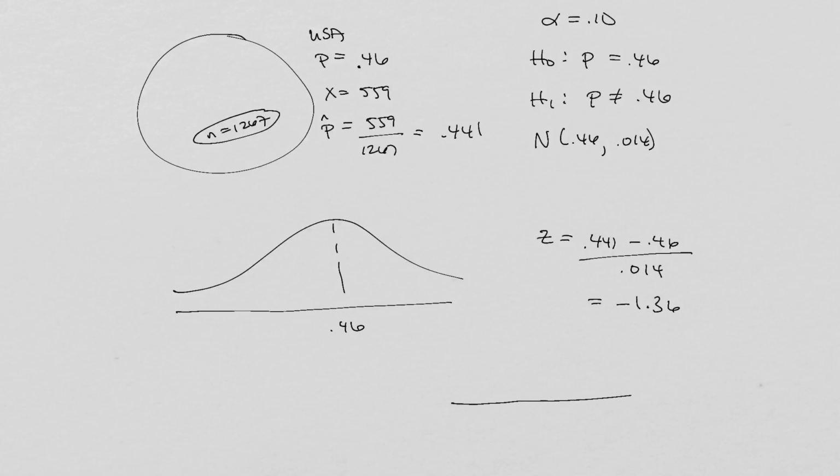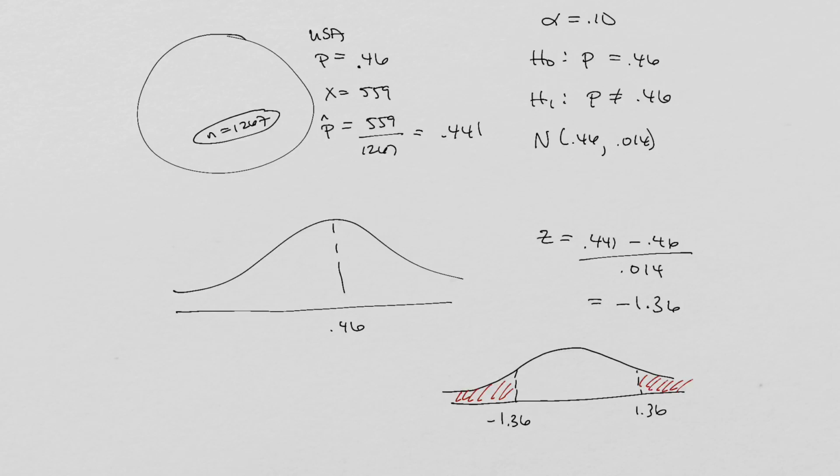So to get my p-value, I'm going to go to the charts. I'm going to look up the z-score for negative 1.36, find this area, find that area, add them together, and that's going to be my p-value.